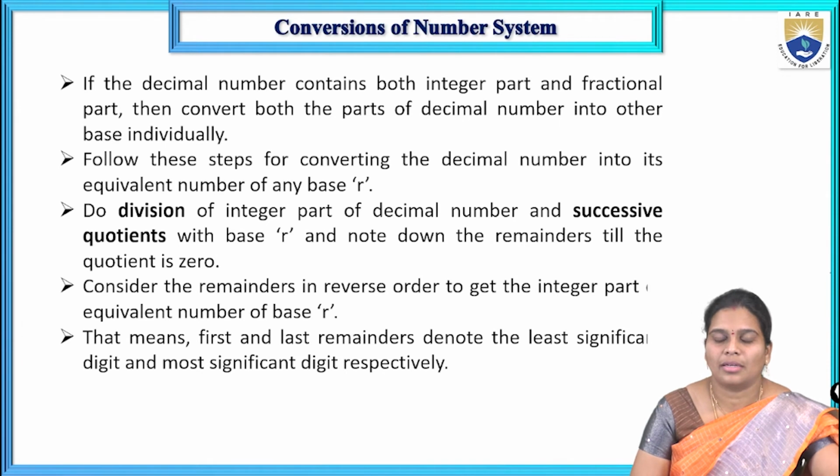So the next topic is the conversion of the number systems. Why are we going to the conversion of the number systems? Generally, we want to book a ticket, either a bus ticket or a movie ticket, whatever it is.